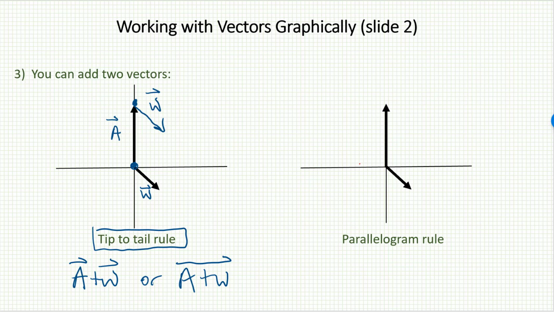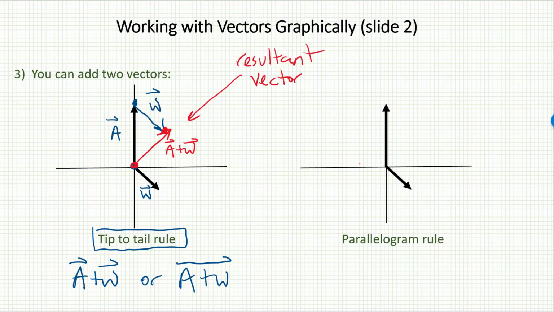Well, the sum vector, otherwise known as the resultant vector, is the vector that starts at the very beginning where you started and ends at the very end. So this vector right here would be the vector A plus W. Again, you can call that the sum vector or the resultant vector.